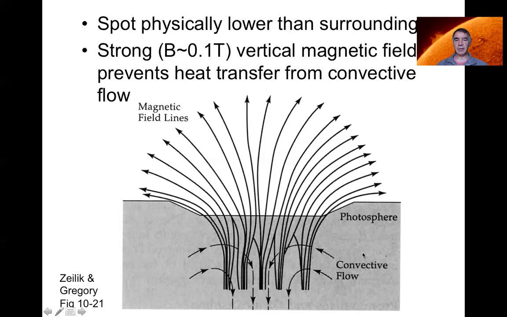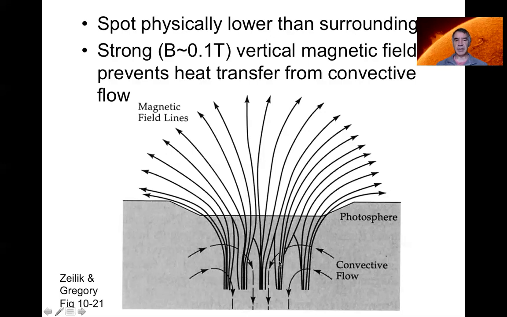Now, because the convective flows are coming up and carrying heat with them, if you block the convection flows flowing into this region, then this region here directly below the sunspot is going to be cooler because there's not as much heat going into this region because of the magnetic field blocking the convection flow bringing the heat in. Okay, so that will cool it down, which is why the surface here is cooler, and therefore the spot is darker than the surrounding photosphere over here and here, which will still be up at 6,000 Kelvin.